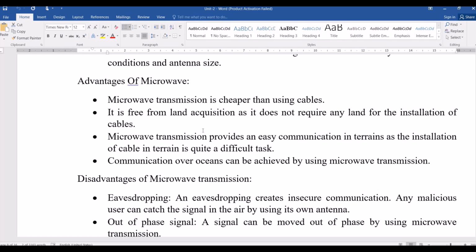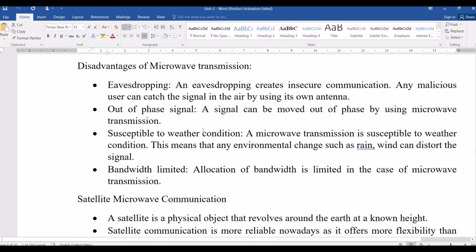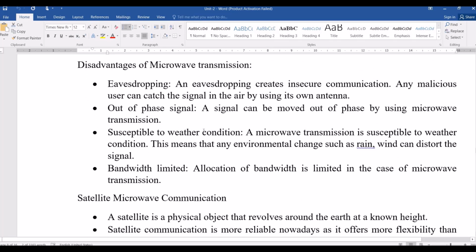The complexity and difficulty of installation are overcome by microwave communication. One disadvantage of microwave transmission is that it is wireless communication.